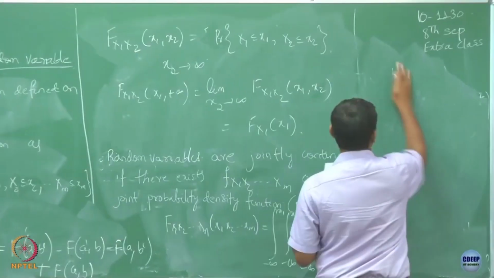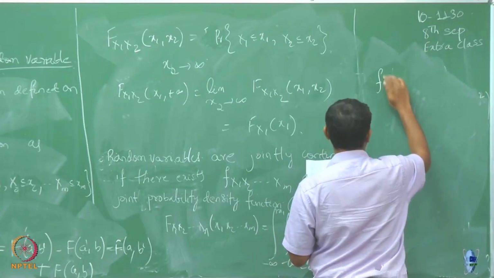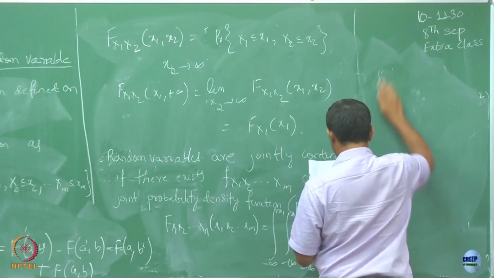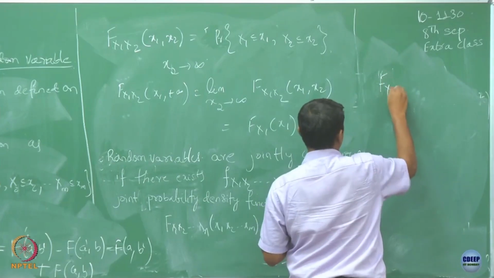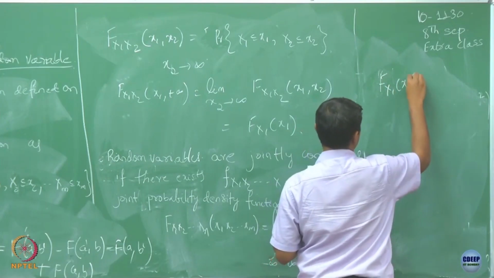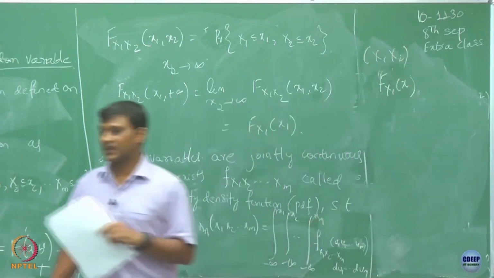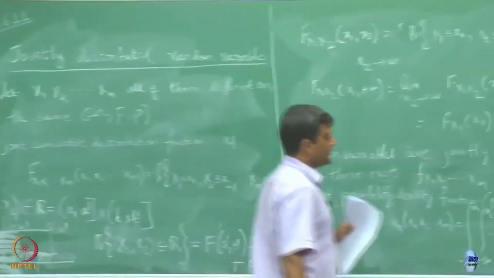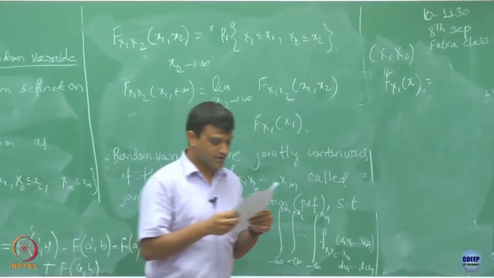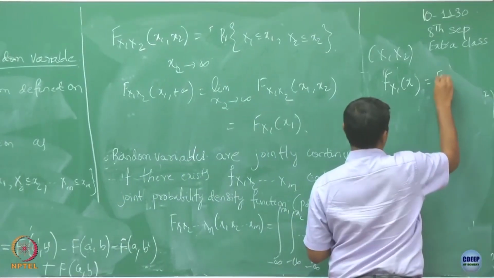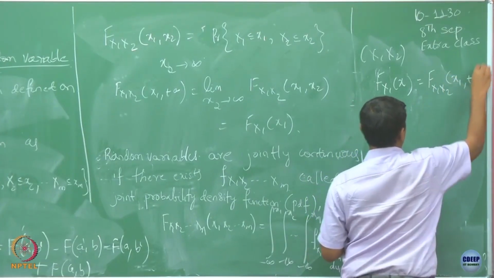So what we can do is, suppose now we know that f of x1, let us say for the simple case of two random variables x1 and x2, how did we represent this in terms of the joint distributions? We had said for x1, x2, x plus infinity, right?